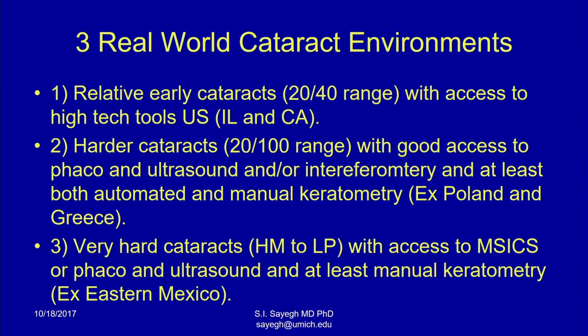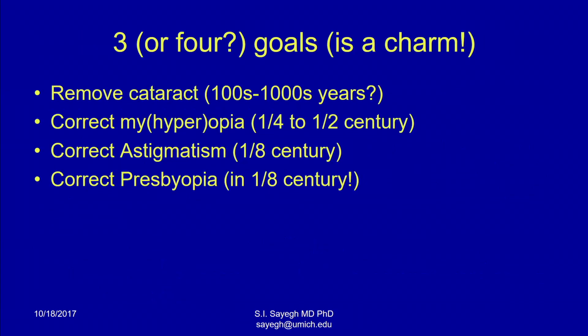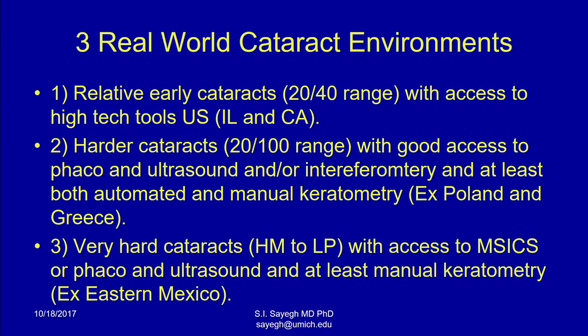An example is the United States, Illinois, or San Diego. Then you have harder cataracts in the 20/100 range, with good access to technology, maybe not as much as what we have here. Examples are Poland and Greece. These are specific places where I do have collaborators.